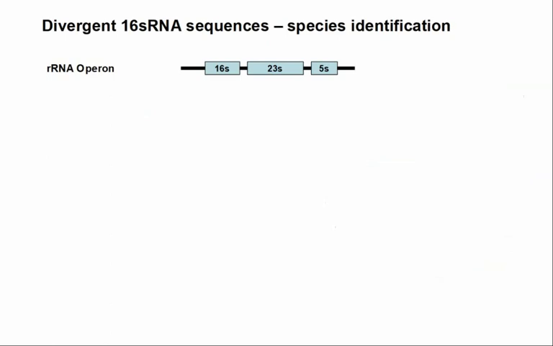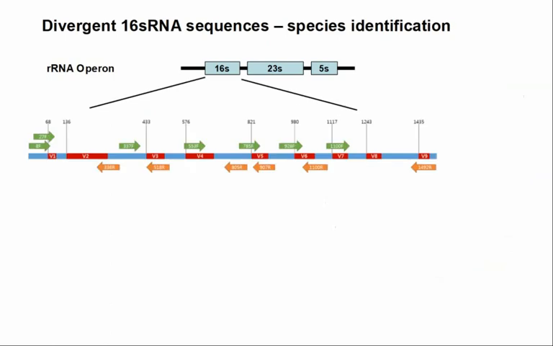So the idea is that most bacteria have one copy of the ribosomal RNA operon per genome. That's not always true, in fact. And within the gene coding for the 16S ribosomal RNA, there are regions that are highly conserved, and there are regions that are variable.